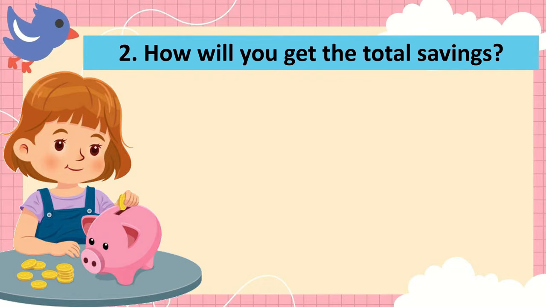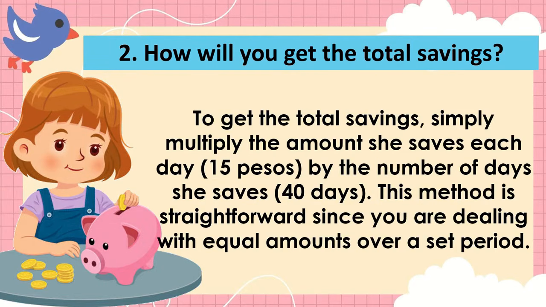How will you get the total savings? To get the total savings, simply multiply the amount she saves each day, which is 15 pesos, by the number of days she saves, and that is 40 days. This method is straightforward since you are dealing with equal amounts over a set period.